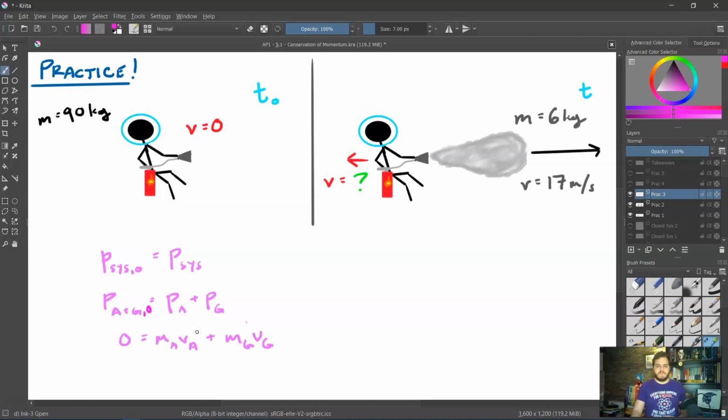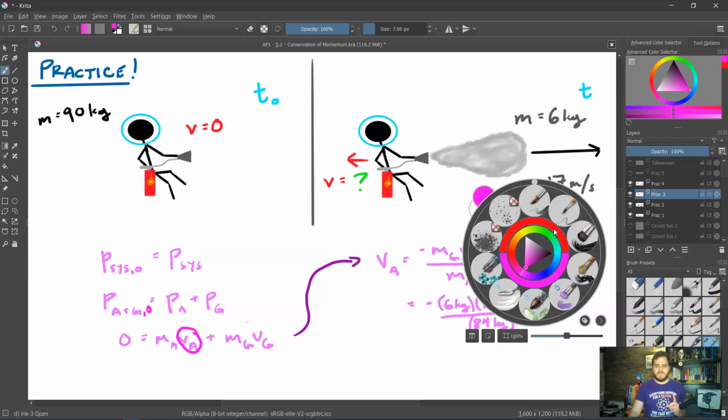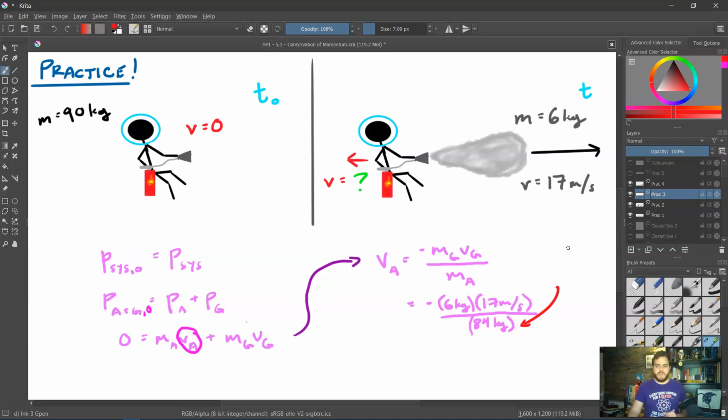Specifically, we're looking for v of the astronaut. So how could we find that? We could subtract this over and divide by the mass, and we go and plug in numbers: 6 kilograms, 17 meters per second, and 84 kilograms. This is probably where you made a mistake if you did not notice something very carefully, which is that the gases were contained in the fire extinguisher here. So there was 90 kilograms altogether.